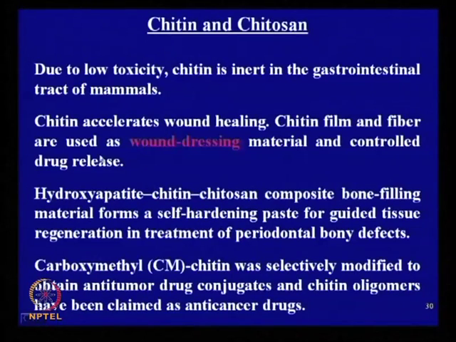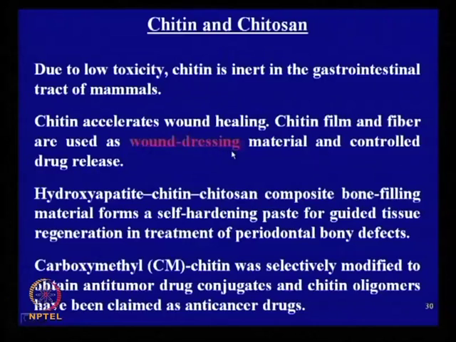Applications: their toxicity is low, and this is inert in the gastrointestinal tract of mammals. So, this can be used for drug delivery purposes, and for wound dressing material. That means you can make a fabric, you can draw or spin fiber from these chitosan molecules.